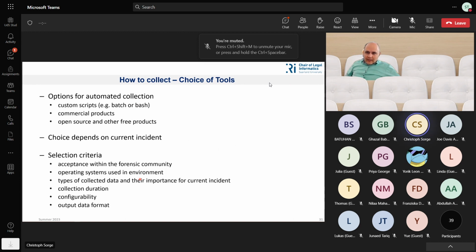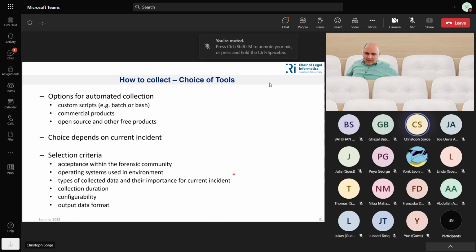So for automated collection, you can write some scripts yourself. You can buy commercial products, or you can use open source products, or other free products depending on the type of incident. As usual, any tools that we use should be accepted within the forensics community. It should be for the correct operating system, so no sense in using a Linux tool on a Windows system, quite obviously.